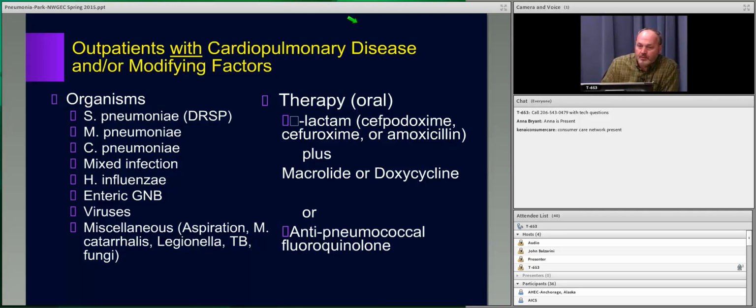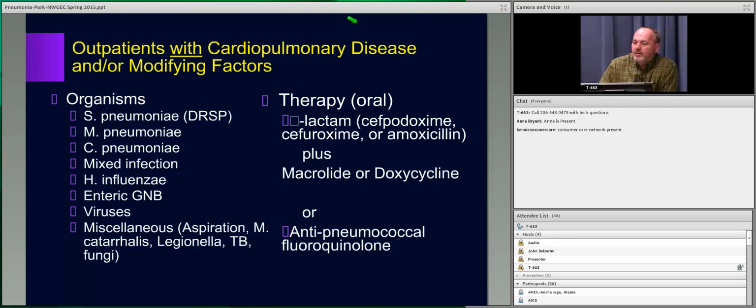Okay. Now here's the recommendation for outpatients. So they're not terribly sick, but with cardiopulmonary disease and or other modifying factors that increase their risk of resistant pathogens. The same sorts of drugs are present. There's a greater risk they're going to get aspiration pneumonia. And the therapy is still going to be pills, but it's going to be, sorry about the typo, a beta-lactam antibiotic.